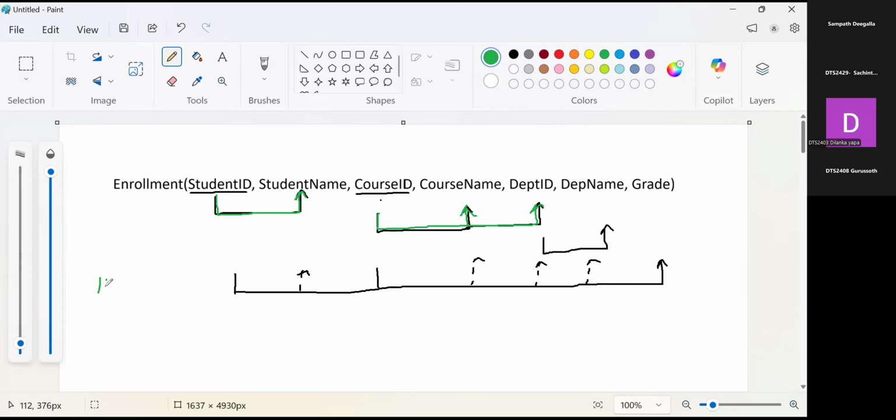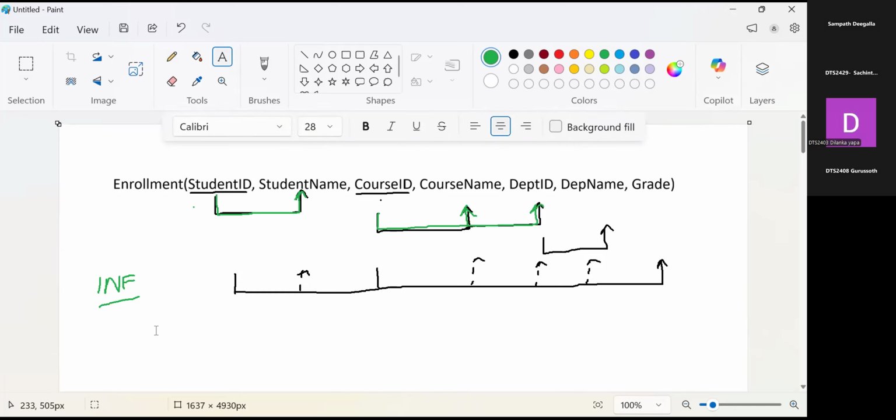The correct answer is that it's in the first normal form, because this is the primary key, and these two functional dependencies are partially dependent. So now you have to break it. How do you break it?